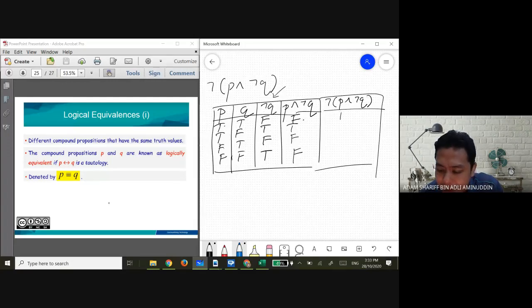F becomes T, T becomes F, F becomes T and F becomes T.